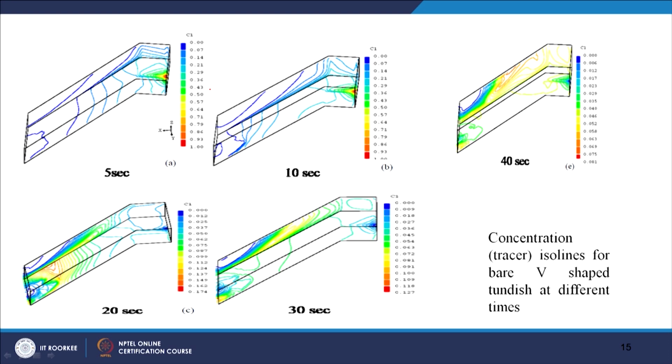What you see in this case is that quite early it has come, basically in 5 seconds, in 10 seconds itself it has come on the outlet. So that is why in this case it quickly comes.